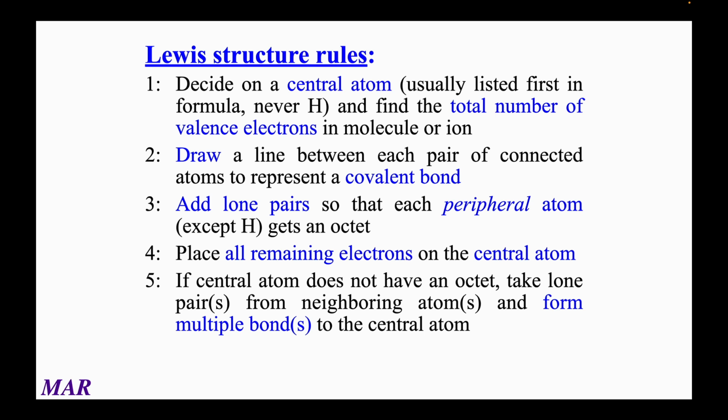And then 5, because nitrogen in NH3 had an octet, we didn't have to do number 5. You can make double bonds or triple bonds if those central atoms need more electrons. We'll see examples of all of this coming up and in the problem set and in the lab. But this is a nice summary of the rules you need to draw successful Lewis structures.